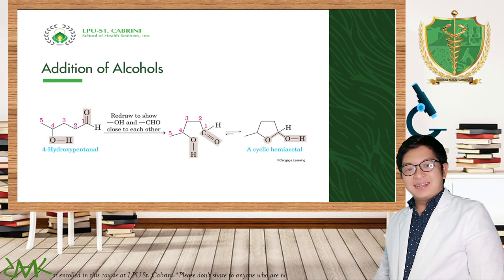Take note, guys, that hemiacetals are generally unstable and are only minor components of an equilibrium mixture, except in one more important type of molecule. Now, remember that when a hydroxyl group is part of the same molecule that contains the carbonyl group, a 5- or 6-membered ring can form, and the compound exists almost entirely in the cyclic hemiacetal form.